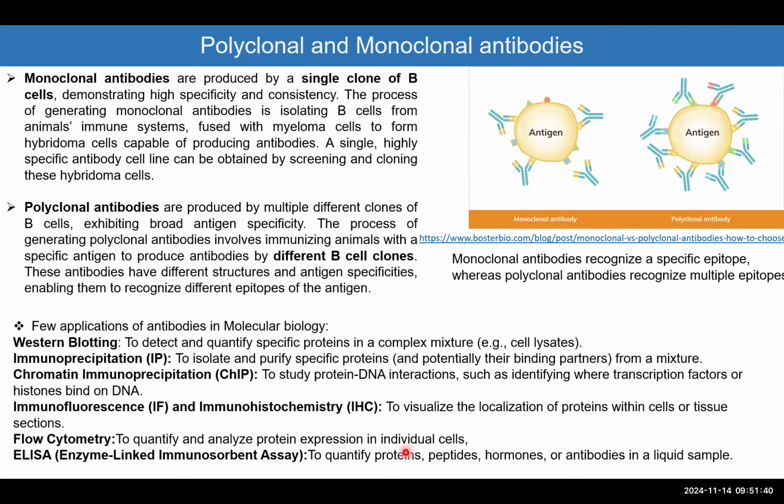Then you can detect proteins or peptides or hormones or antibodies in a liquid sample like blood. So I hope this will give you a good introductory background. And then in the next lecture, as I said, there will be at least 10 to 15 minutes of questions for the exams. And then we will dive into these 4 or 5 techniques later on.